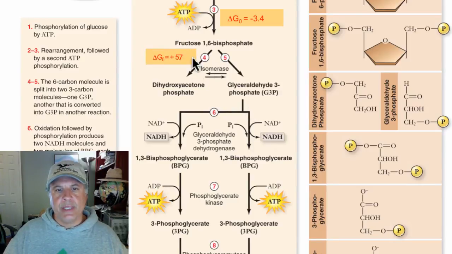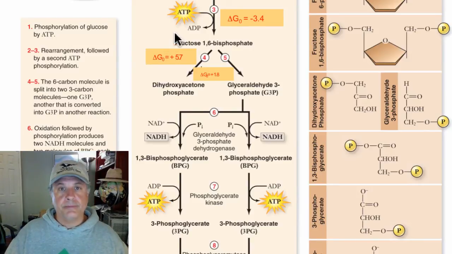So the delta G's for these reactions are interesting. Look at the delta G for the cleavage of fructose 1,6-bisphosphate into these two 3-carbon molecules. It's very positive. It's plus 5.7, and that deserves a comment, which I'll get to in just a second.